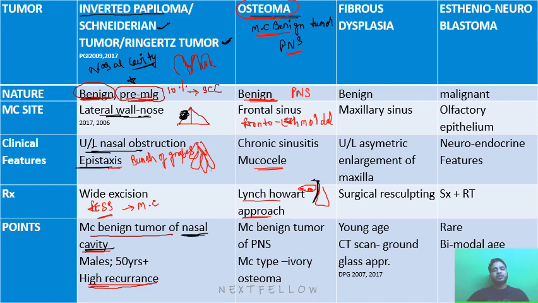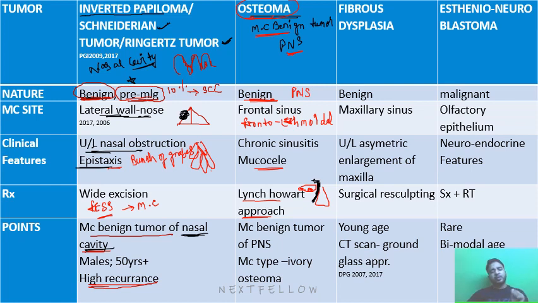We will put an incision like this, cutting along the lateral border of the nasal bone to open up the ethmoidal and the frontal bone, and we will remove the tumor. So the Lynch-Howard approach is also known as external frontoethmoidectomy.